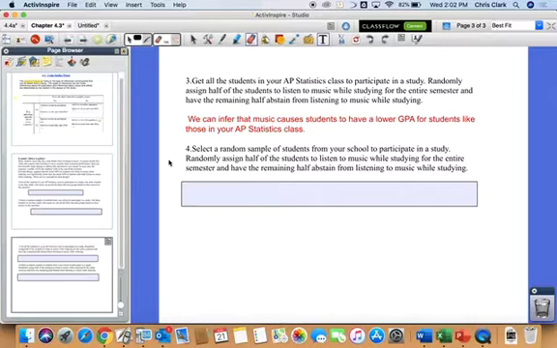Okay, last one. Select a random sample of students from your school to participate in a study. Randomly assign half the students to listen to music while studying for the entire semester, and half abstain from listening to music while studying. This is the perfect experiment. We got random sample from our population. We randomly assigned treatments, and we followed through, and we got the results that we wanted.